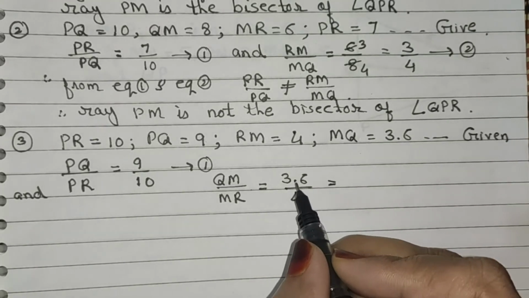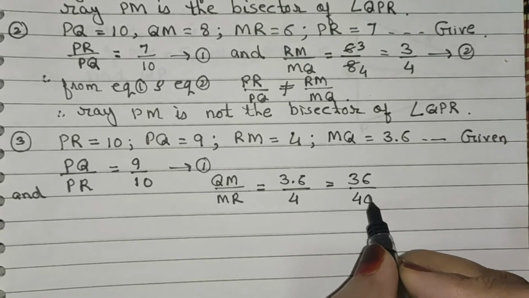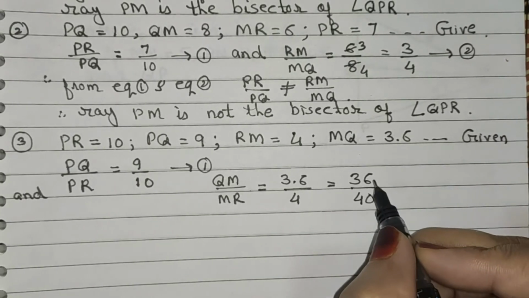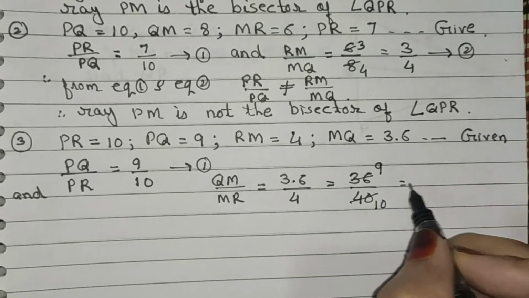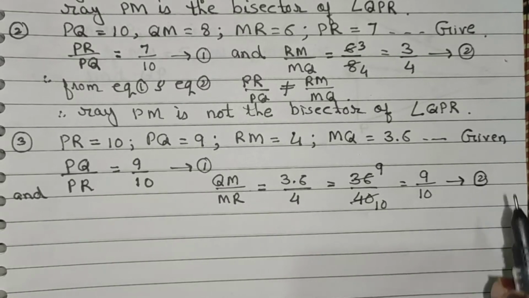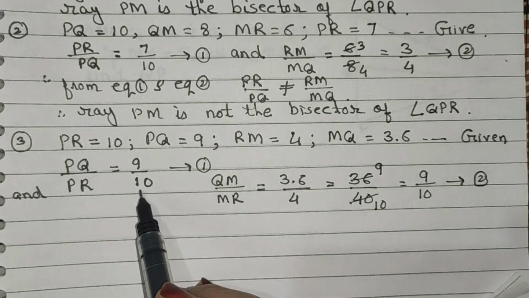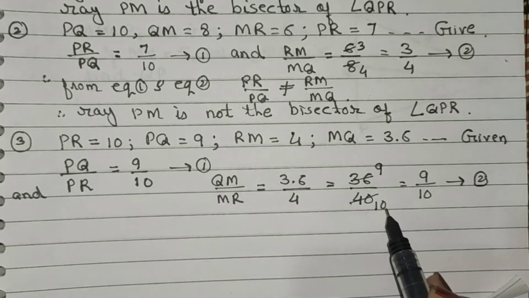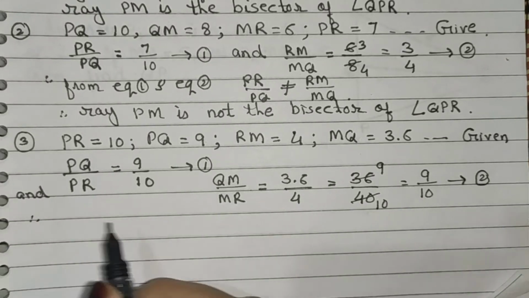Now remove decimal point here, we get 36 upon 40. Now cancel it. 4 9s are 36, 4 10s are 40. Now we get here value is 9 upon 10. Give it equation number 2. Now look at here. In equation 1 we get 9 upon 10 and in equation 2 we get here 9 upon 10.